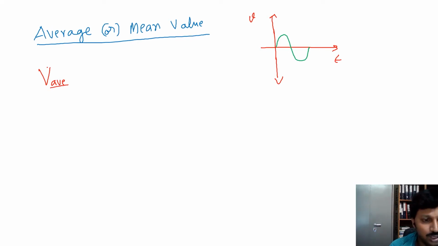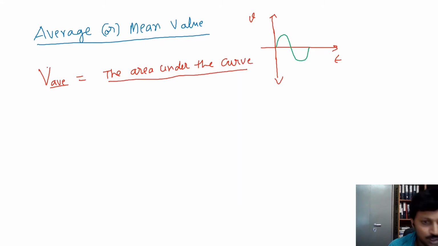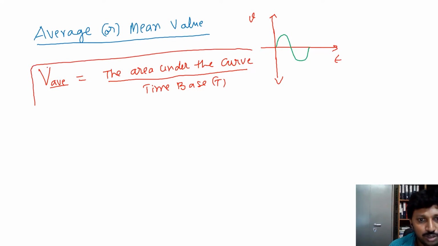Generally, I can write it as V AVG. V average is equal to the area under the curve divided by the time base, that is T. This is an important formula, you should remember.